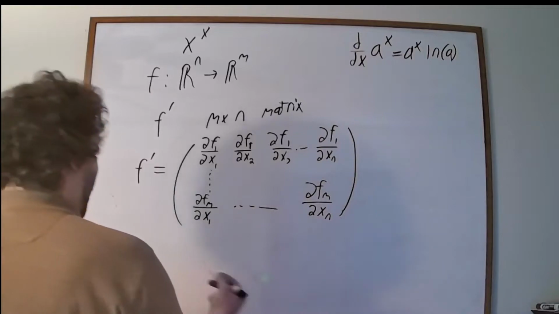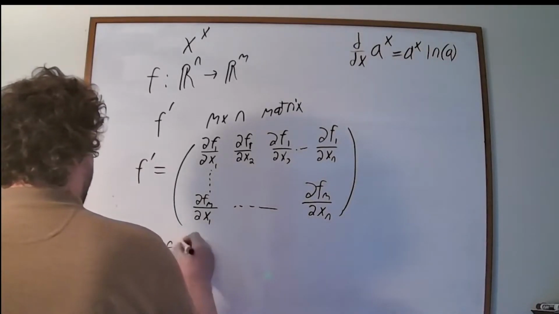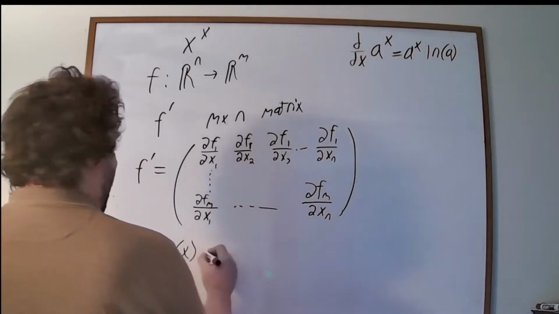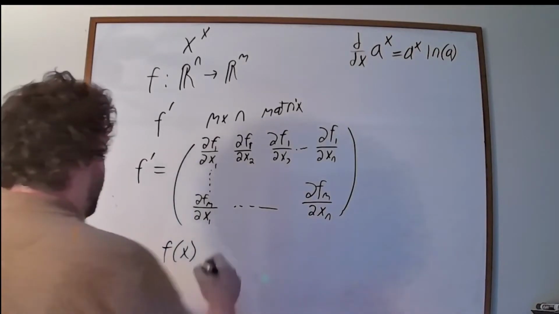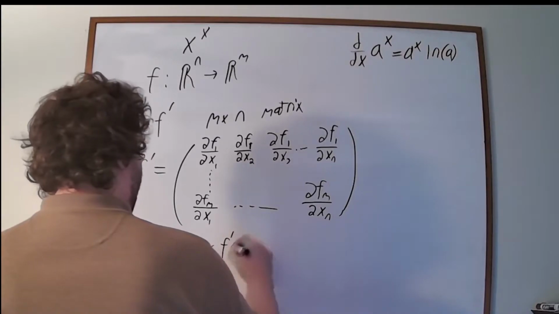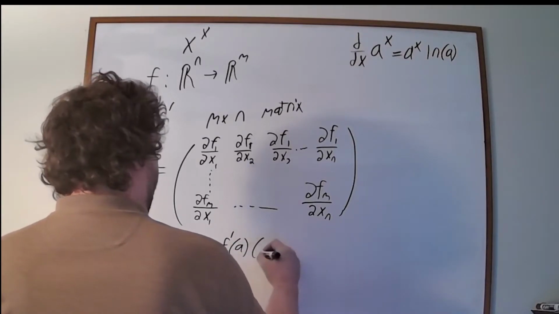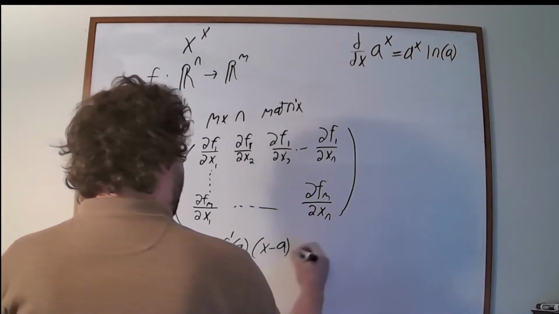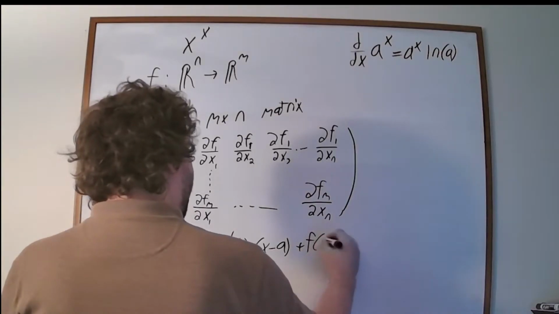If we have some sort of function, f of x is going to be approximately equal to f prime of a times x minus a, plus f of a.